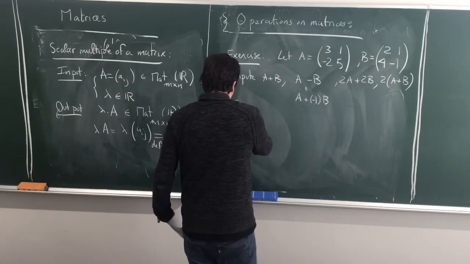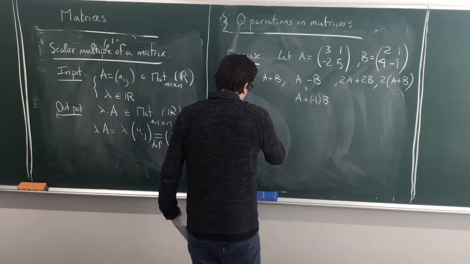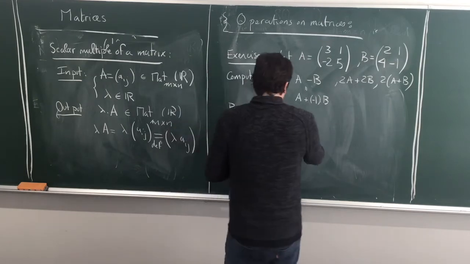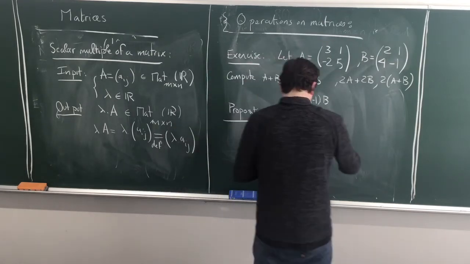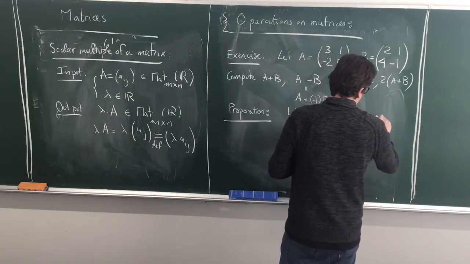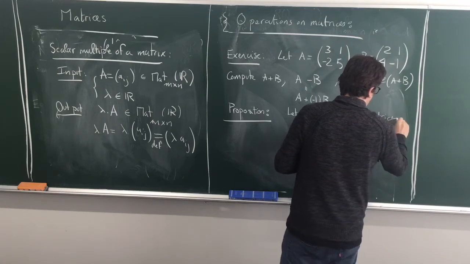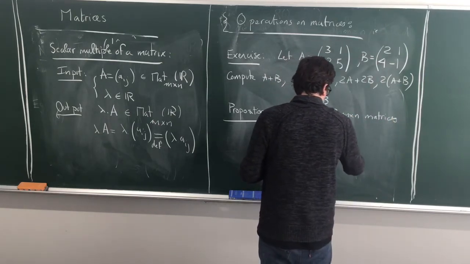That's right. Okay. Now we want to study properties of these two operations with each other. Okay, so we have the following proposition. So we consider A and B, two m by n matrices, and we will also consider lambda a scalar.